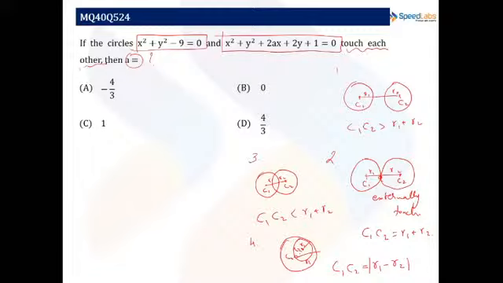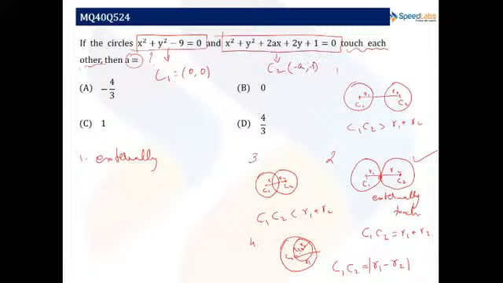So, first case, we will assume these two touch each other externally. The center for this circle C1 will have coordinates 0, 0. For this C2 will have coordinates minus A comma minus 1.